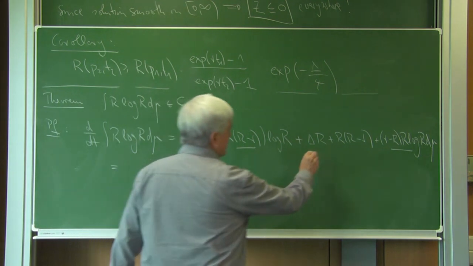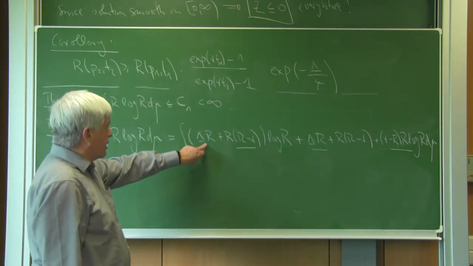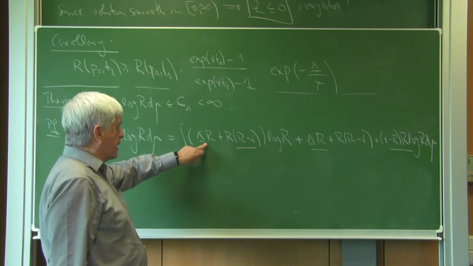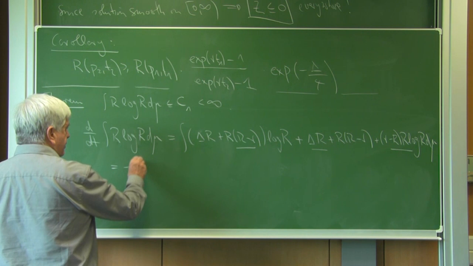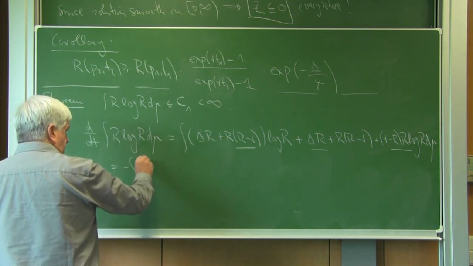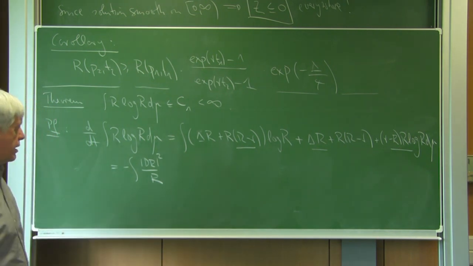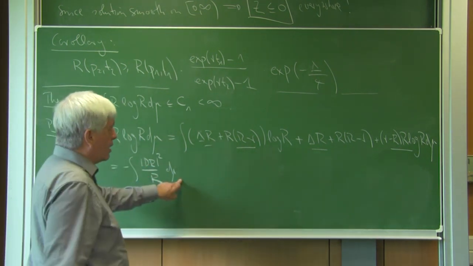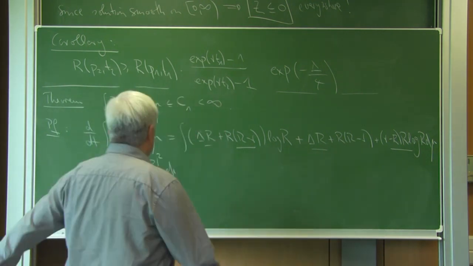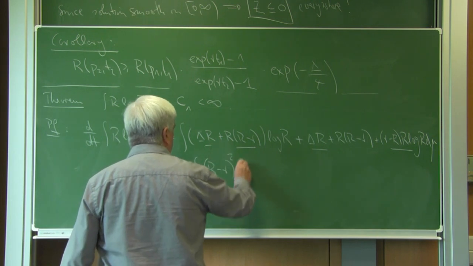The Laplace r integrates out to 0, and the Laplace r times log r gets integrated by parts, so we get minus gradient r squared over r dμ from this term, and from this term here we get plus the integral r minus r squared.